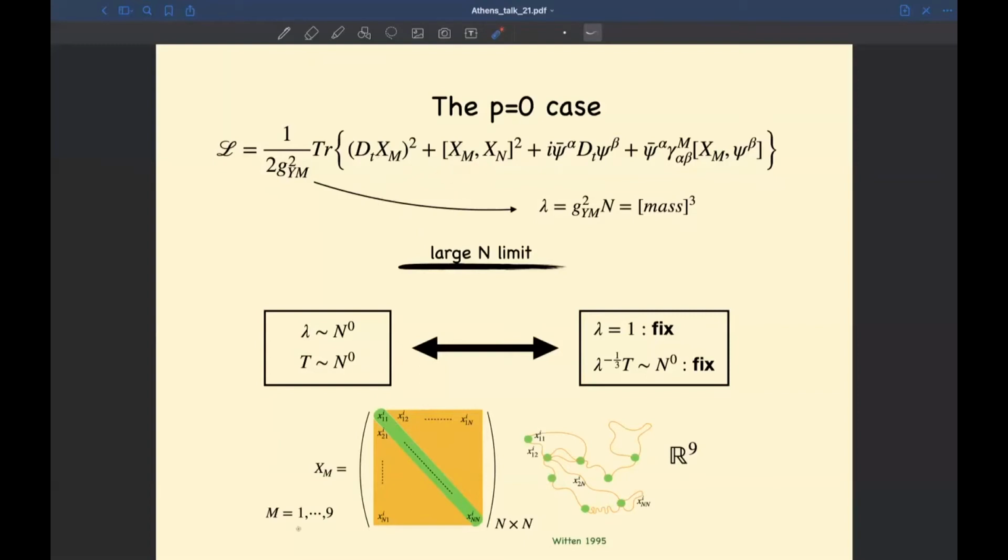So M runs from 1 to 9, and each matrix is N by N. Now, according to Witten's interpretation of bound states of D-branes, diagonal elements of this matrix can be thought of as positions of D0 branes, while non-diagonal elements as open strings connecting the D0 branes.